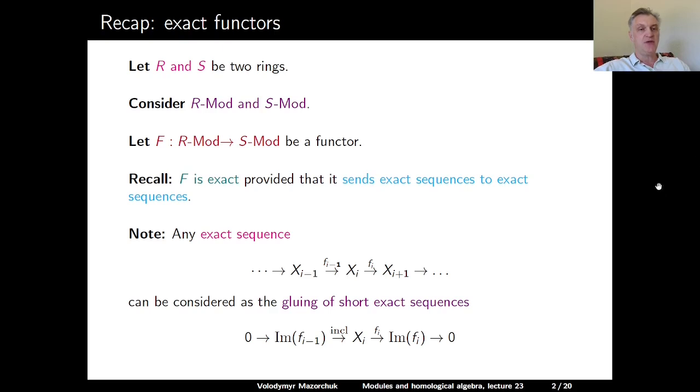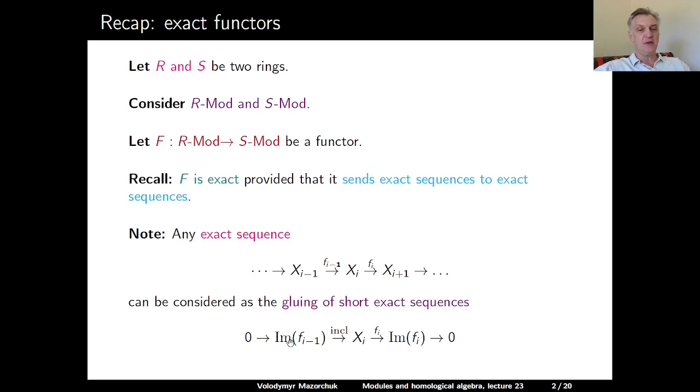Now, let us note that any exact sequence can be considered as a gluing of certain short exact sequences. So if we have an exact sequence which consists of components X_{i-1}, X_i, X_{i+1}, and so on, and the differential is f_{i-1}, which goes from X_{i-1} to X_i, f_i, which goes from X_i to X_{i+1}, and so on, then this exact sequence can be considered as the gluing of the following short exact sequences.